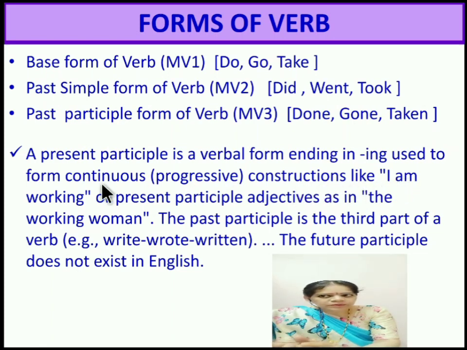Once again, a present participle is a verbal form ending in ing used to form continuous or progressive constructions like I am working, or present participle adjectives as in the working woman. Here when we say working woman, the verb is constructed in the form of a gerund ing, but the complete word working is used as an adjective.